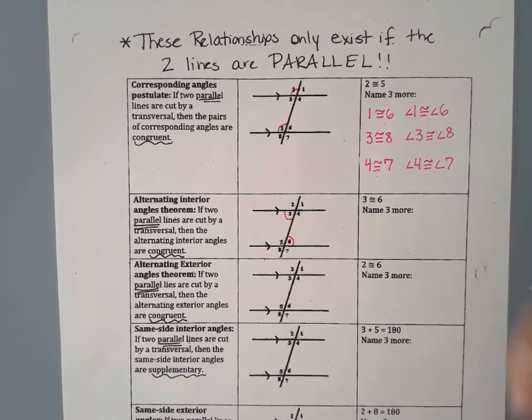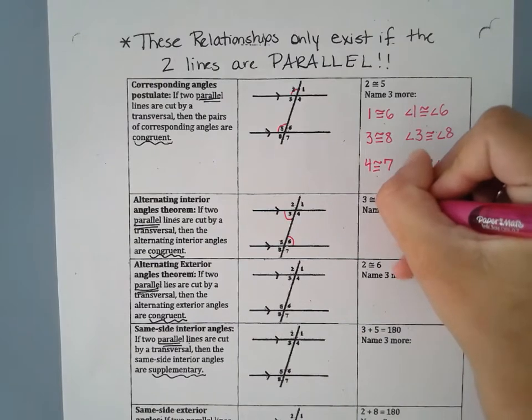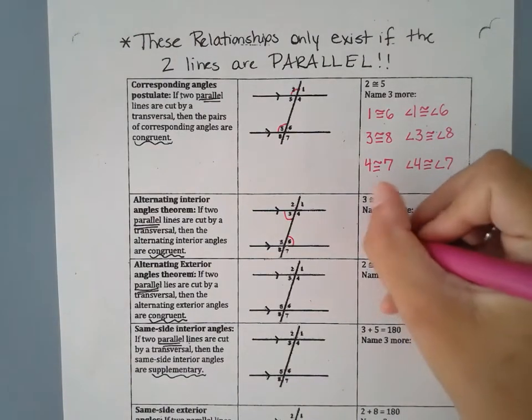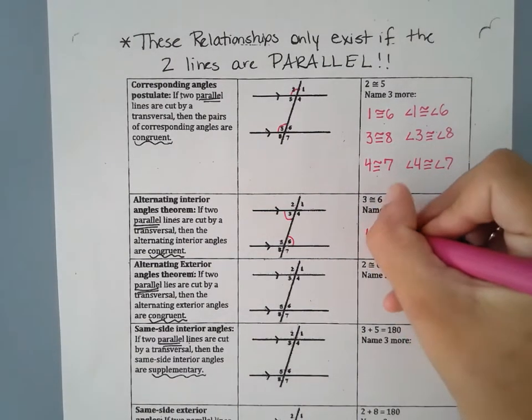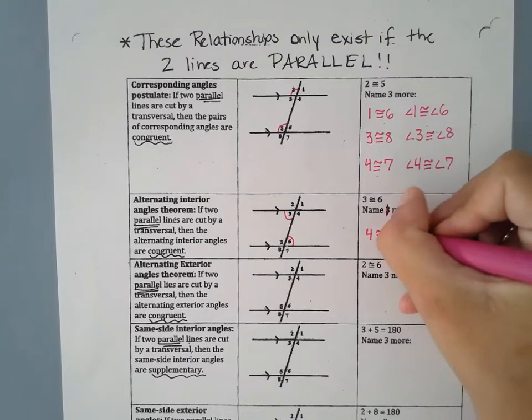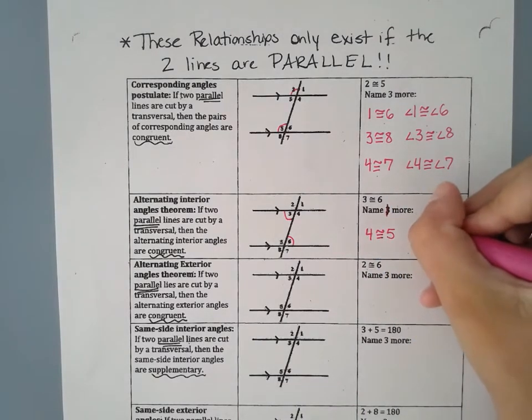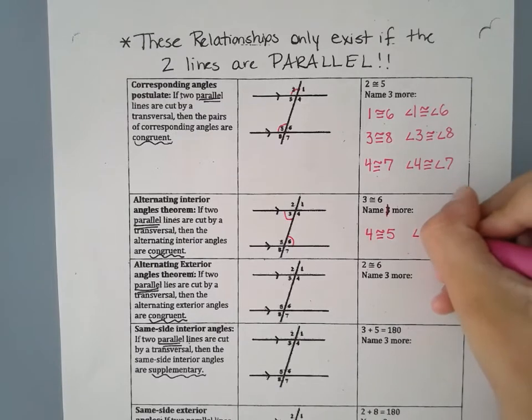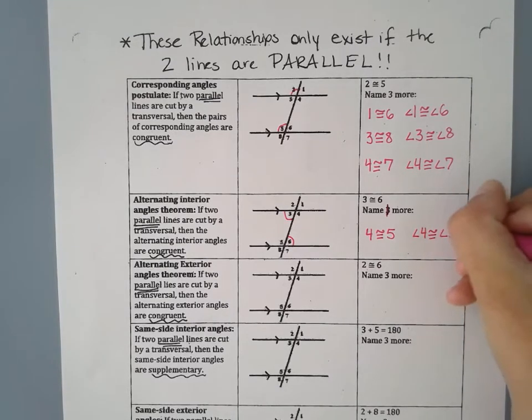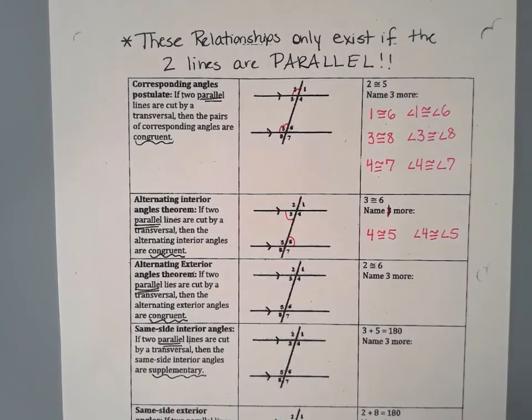Now this says to name 3 more, but there's only one more set of interior angles. So angle 4 is going to be congruent to angle 5. Angle 4 congruent to angle 5. And I'm just writing these both ways, both sets of notation.